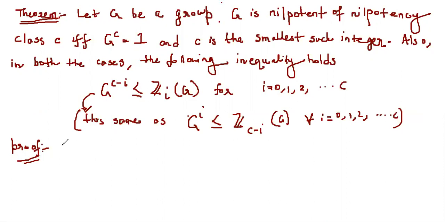So we prove this direction first. Okay. So let G be nilpotent.